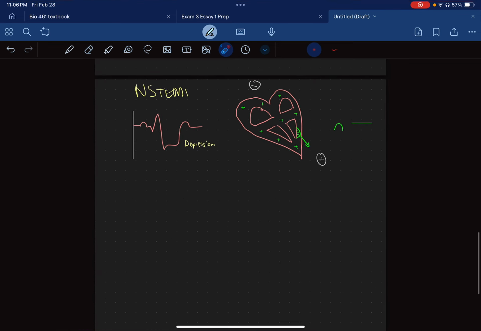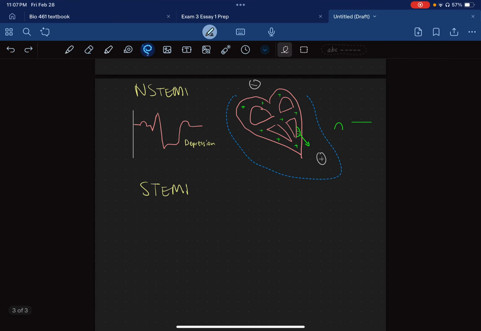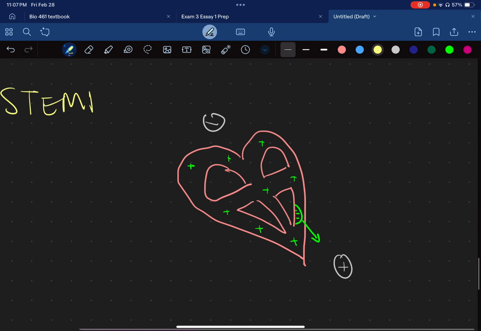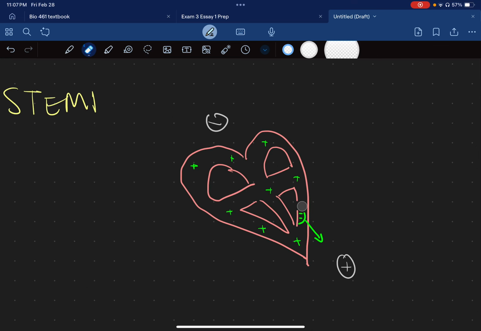And once that hypoxia gets even worse and it affects the entire wall, that's when something called a STEMI happens, which is an elevated ST interval. So if I just copy this heart, what's going to happen is instead of just part of the wall, it's going to be the entire wall.